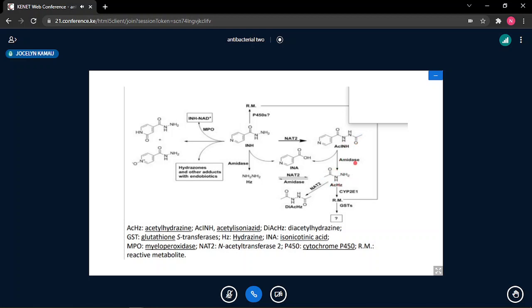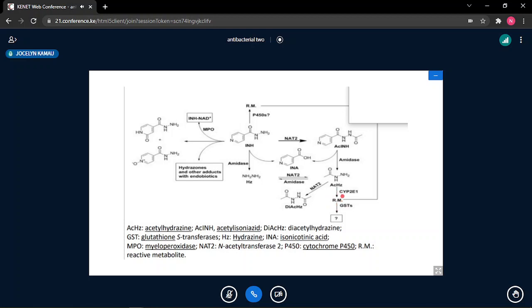Acetylhydrazine is formed by the enzyme amidase, and then the acetyl hydrazine can again be acted on by cytochrome 2E1. You realize that cytochrome 2E1 is an enzyme that results in formation of metabolites that are highly reactive. So it can be acted on by cytochrome 2E1 to give us a highly reactive metabolite.